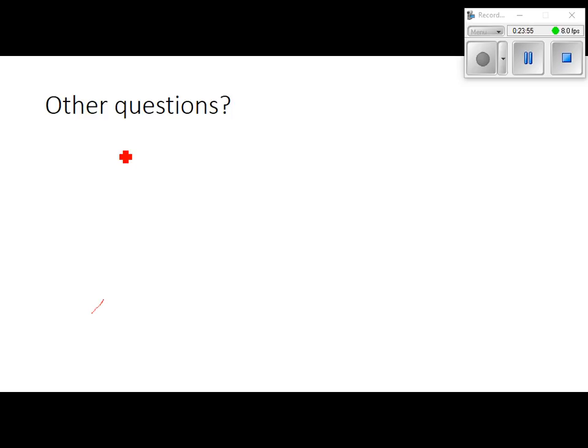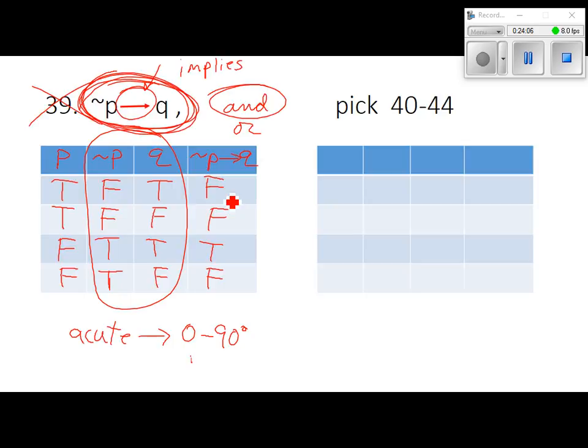You want me to do another? Which one? Problem 40: not Q implies P. Isn't it the exact same thing, just with different letters? Yep. So that would be just like this, except what's going to be the first letter here?